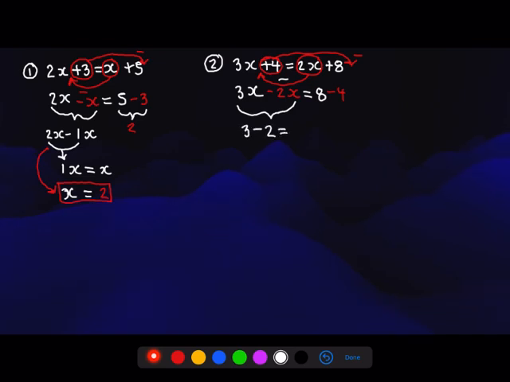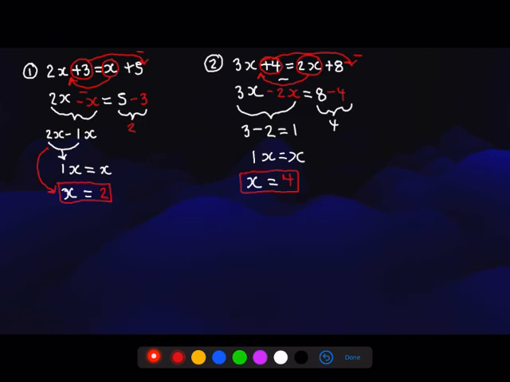It's just like saying 3 minus 2, which is equal to 1. So 1x is x. Instead of saying 1x, you can just say x. So it would equal x. So we've done the left part of the question. And since 8 minus 4 is 4, we get x equals 4.